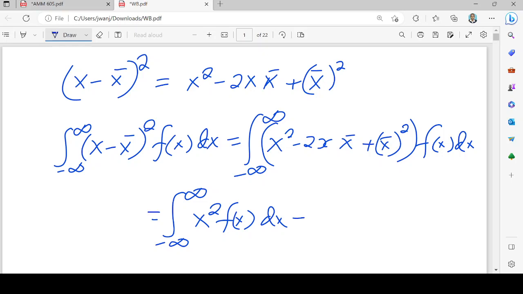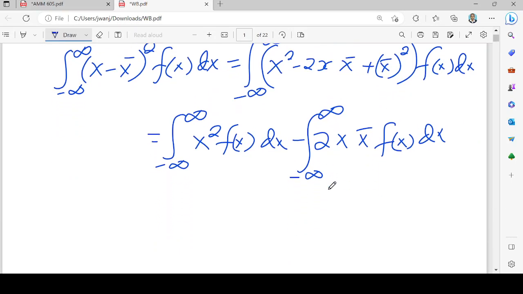The next term we have is minus 2 x x bar f(x) dx, the integral from minus infinity to positive infinity. And the last term we have is plus x bar squared, that is the integral from minus infinity to infinity of f(x) dx.